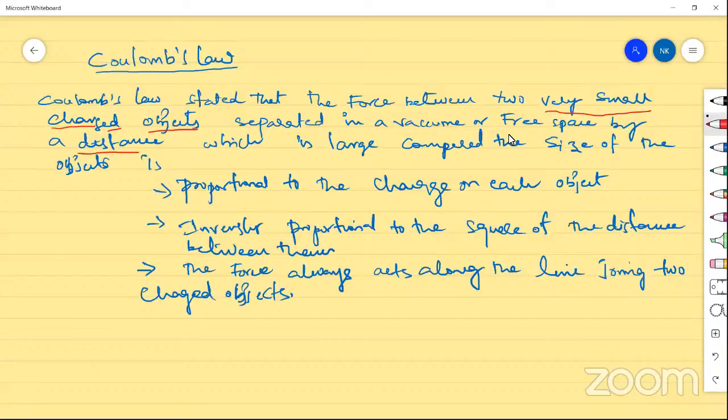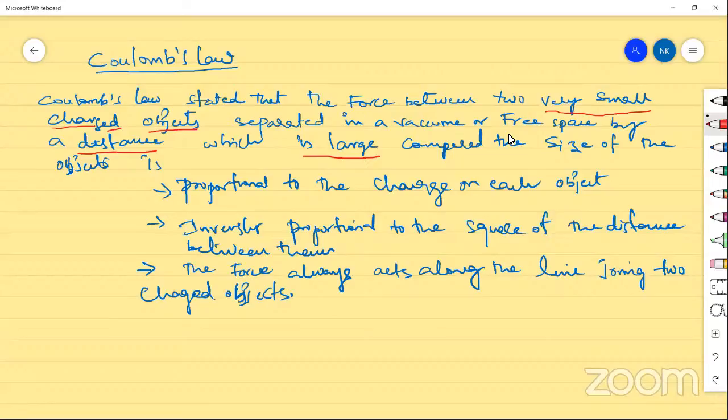The distance should be large compared to the size of the object. So that is the primary condition it has to meet when you are defining Coulomb's law. Then only this is valid.